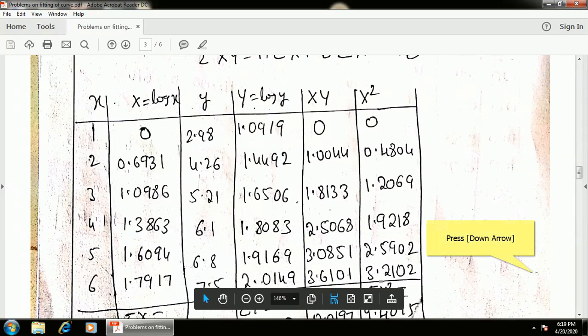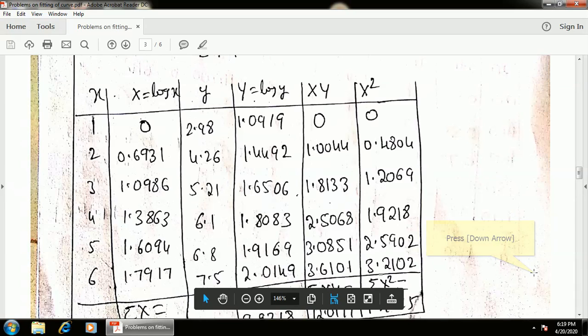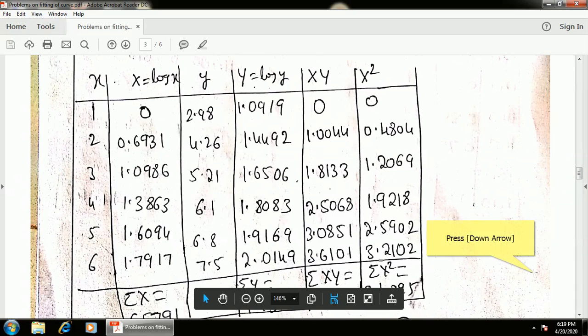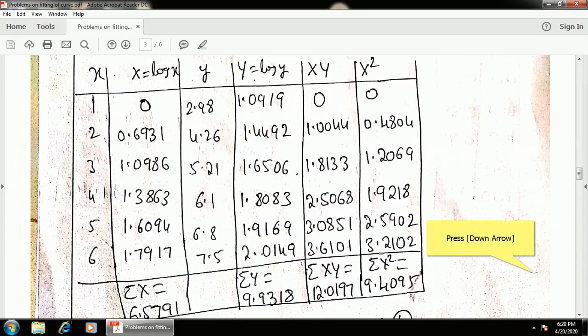For that, first we need to write down the capital X, capital Y values with the help of small x and small y values. X values are 1, 2, 3, 4, 5, 6. Capital X is equal to logarithm of small x. Here you need to use the key ln, natural logarithm of small x it is. Ln of 1 equal to 0, ln of 2 is 0.6931, ln of 3 is 1.0986, ln of 4 is 1.3863, ln of 5 is 1.6094, ln of 6 is equal to 1.7917. Those are the capital X values.